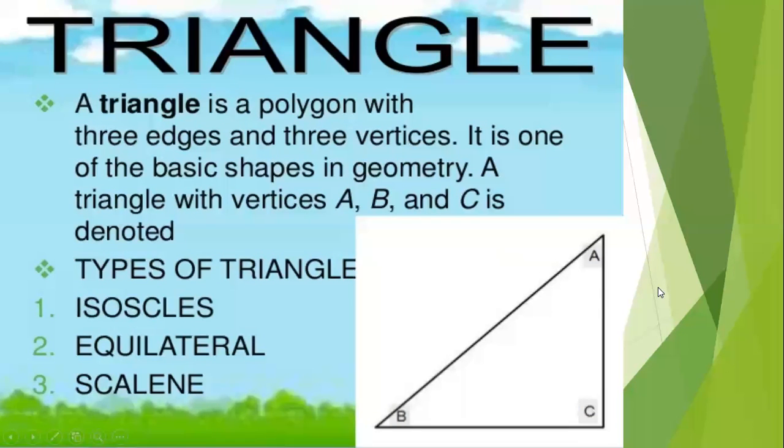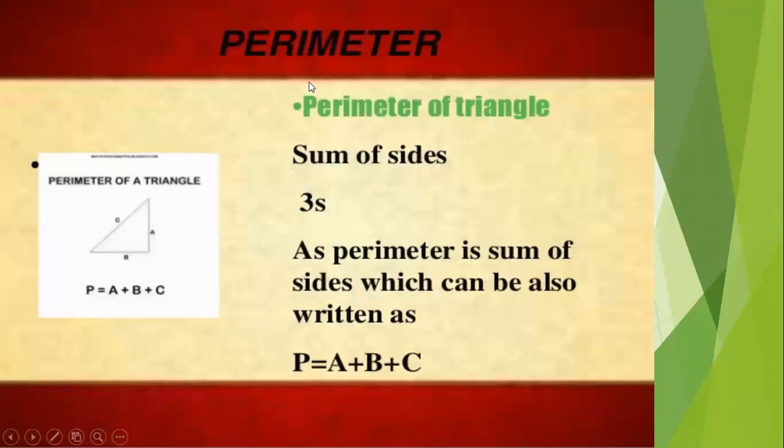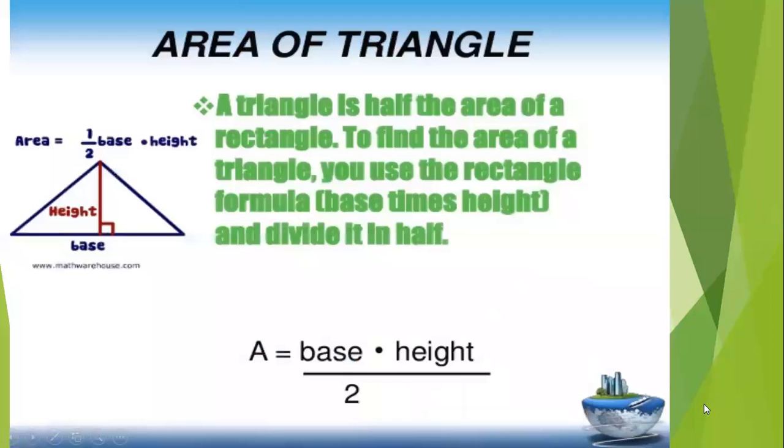So if you look at how we find the perimeter for a triangle, just add up the length of the 3 sides. So it will be A plus B plus C. Then if it is equilateral, meaning all sides are equal, then it will be 3 times the side. So for the area of a triangle, we use a half multiplied by base, multiplied by height.